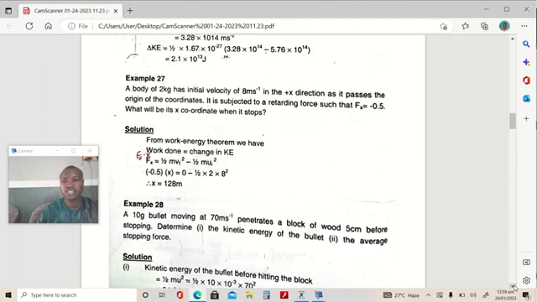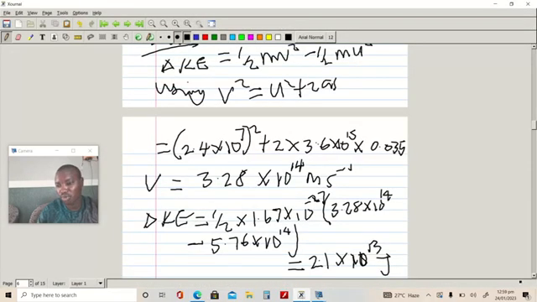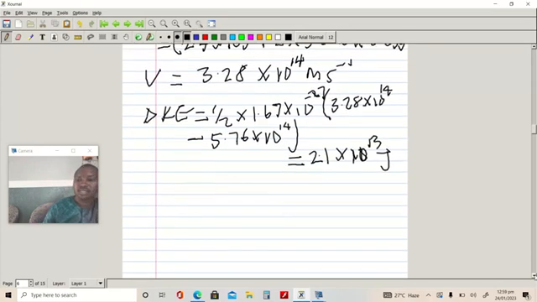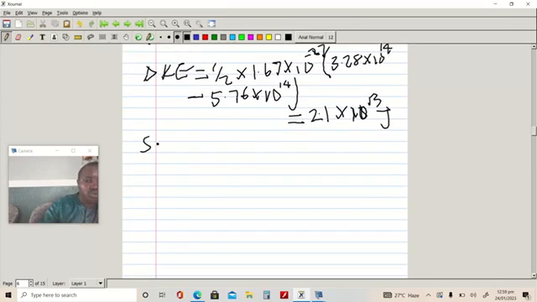It is subject to a retarding force such that F of x is equal to minus 0.5 x. They said, what is the position, the coordinate, when it stops? That's what the question asks us to determine. What is the coordinate? So they're asking us what is our x as a matter of fact. So this is the solution for that.